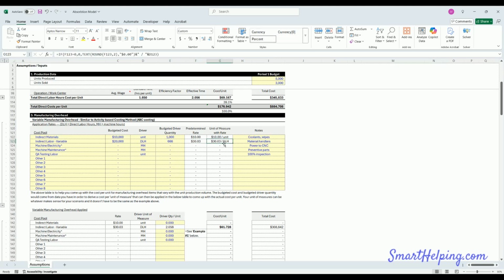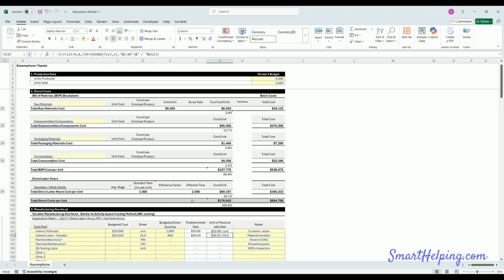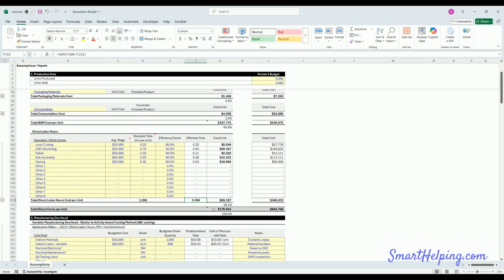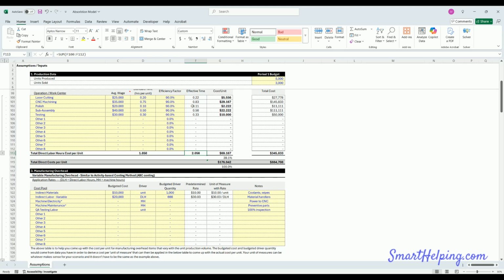So what we're saying here is for every direct labor hour, which is calculated right here, if you open up the direct labor, we're spending around 2 hours per unit. If you look at all these times, we're saying for every 1 hour of this, it's costing us $30 in indirect labor.